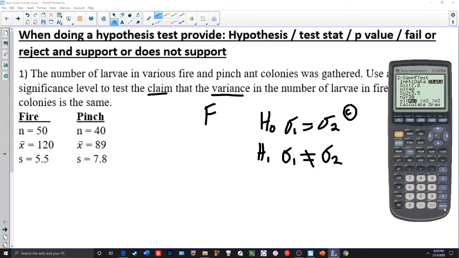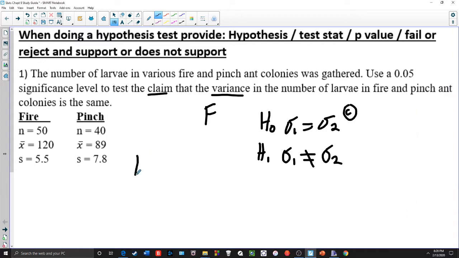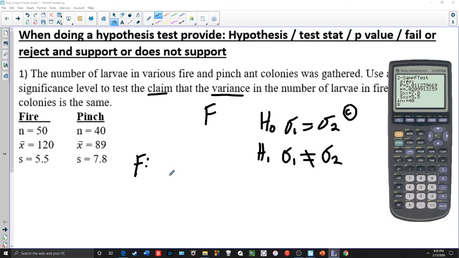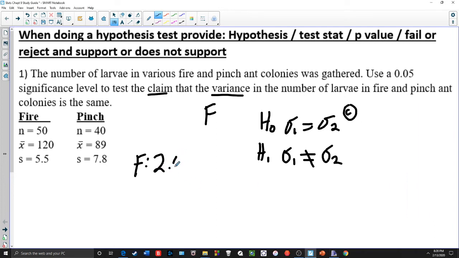And then we calculate. It's going to pop up here. Give it a moment. There it goes. So we need the F and the P. So the F here is 2.011. Sorry, the calculator is just going to go in and out as I'm doing this, but we'll make do.